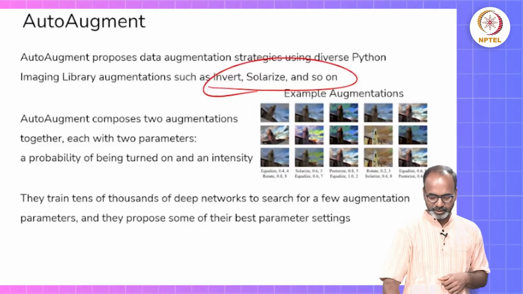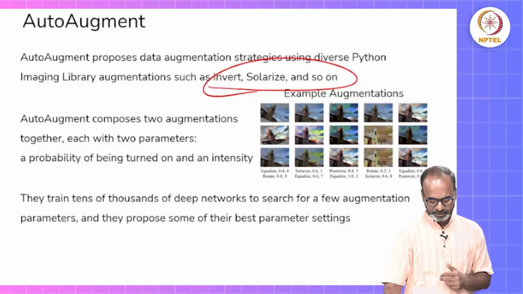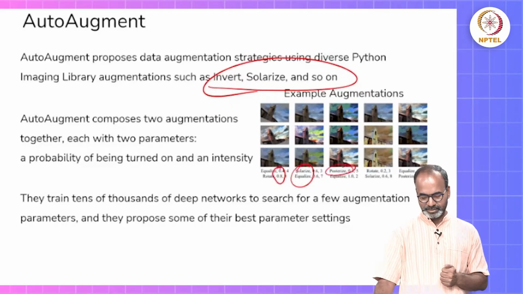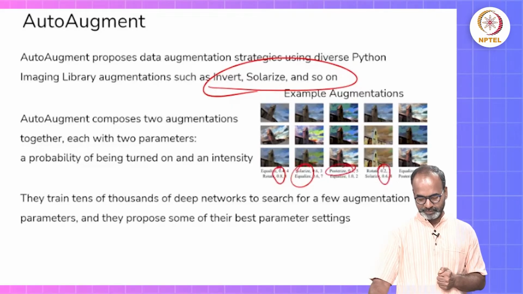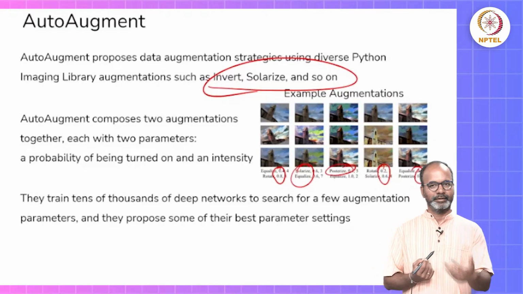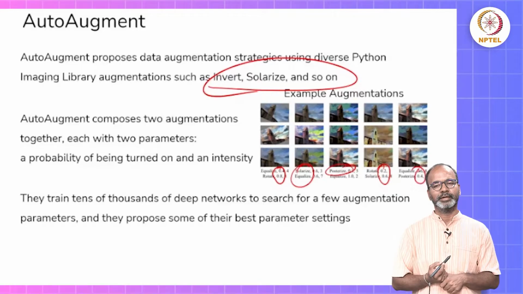So, with these simple methods, you could see here that equalize, solarize, posterize, all of these methods have been applied to these images, and of course, some values are taken for these changes that are made, and the effect of that is on the output that we get.